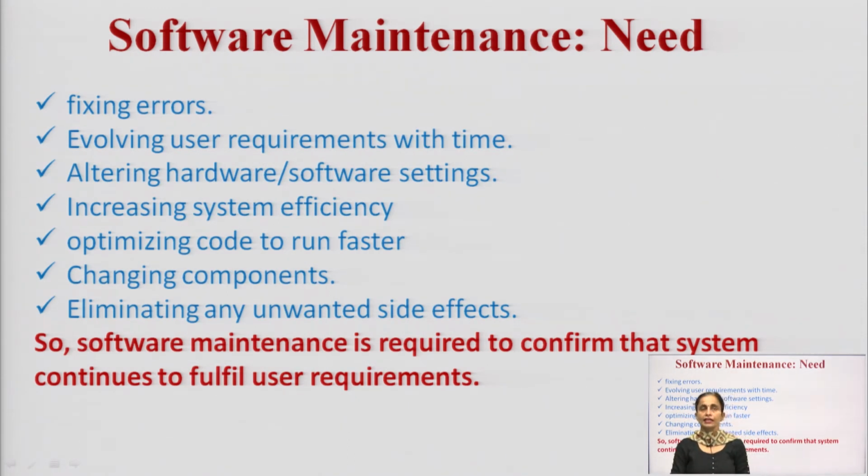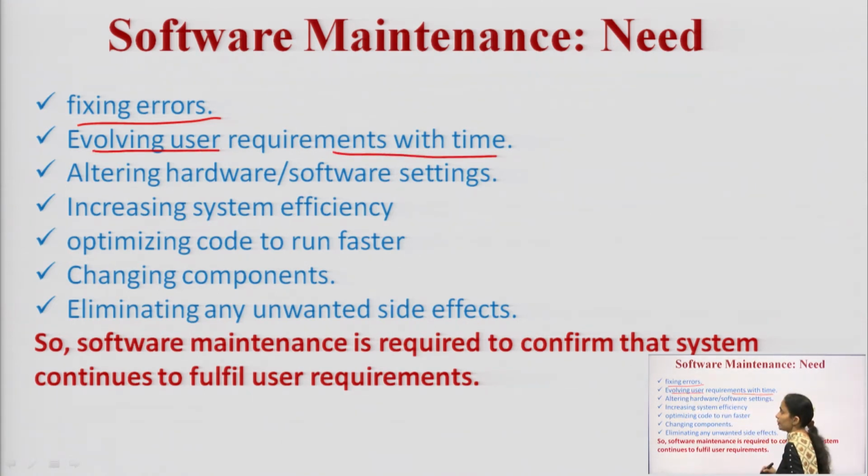Then comes the need for software maintenance. Why do we need software maintenance? As I said in the previous slide, we want to fix the errors. We want to tune up with the evolving user requirements. We want to alter some hardware or software settings. We want to configure new hardware.